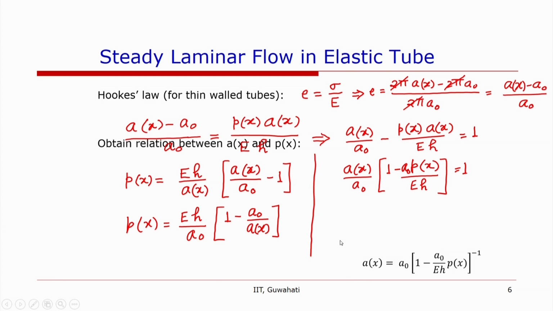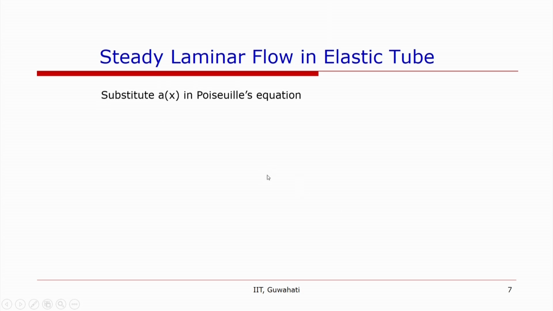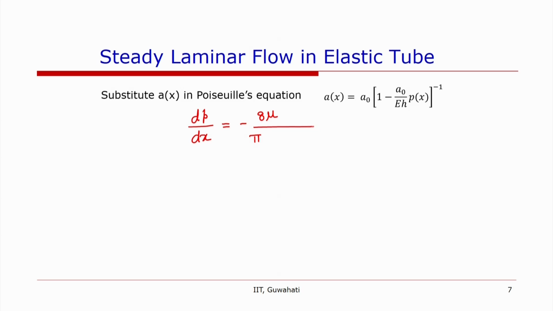Now we can try to substitute this relationship in the Poiseuille equation, which is the relationship between Ax and Px. The Poiseuille equation, you might remember, is dP/dx equal to minus 8 mu over pi Ax to the power 4.